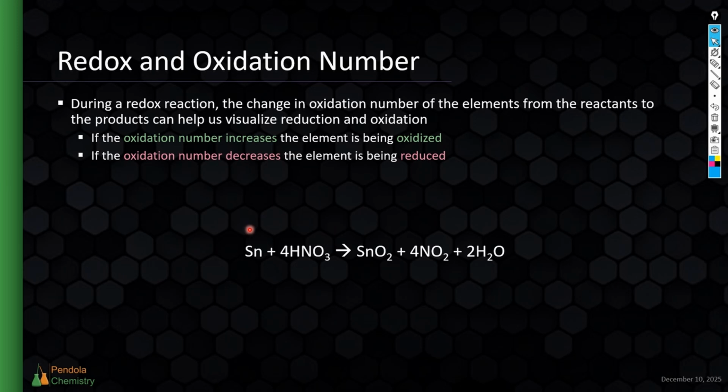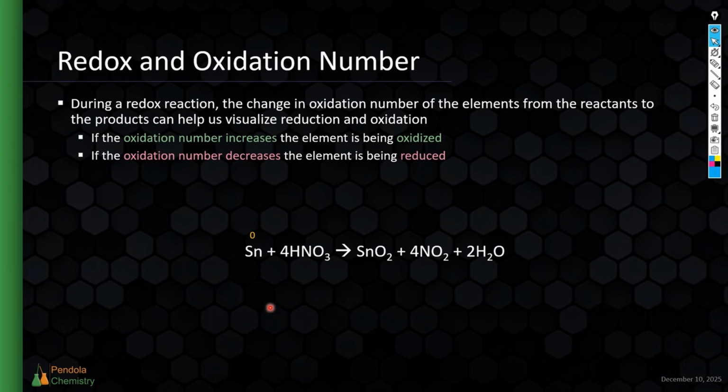So essentially, whenever we have a redox reaction, we will have one element whose oxidation number goes up from the reactants to the products, and that one is being oxidized. One element's oxidation number goes down, which will be the one that's getting reduced, and the rest of the elements will have the exact same oxidation number in the reactants as the products.